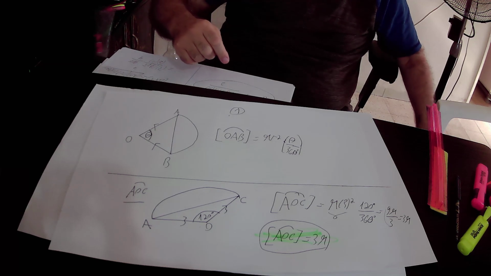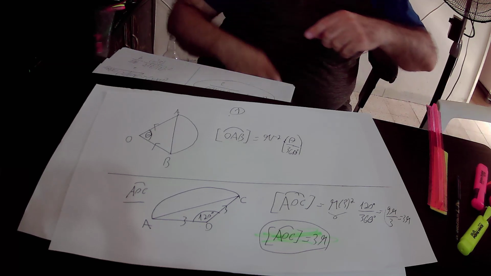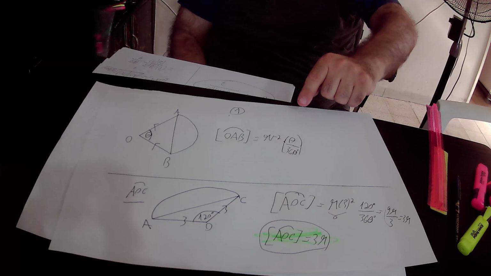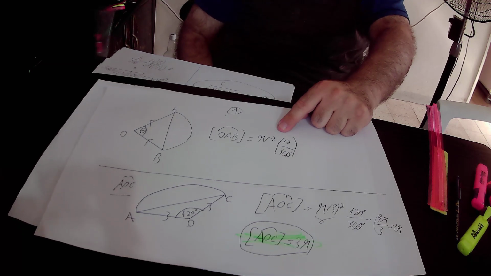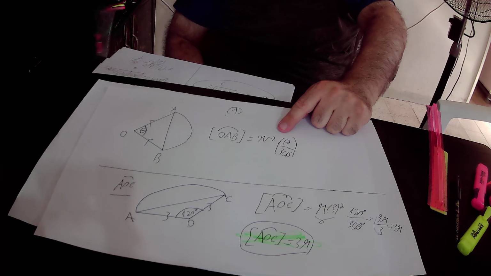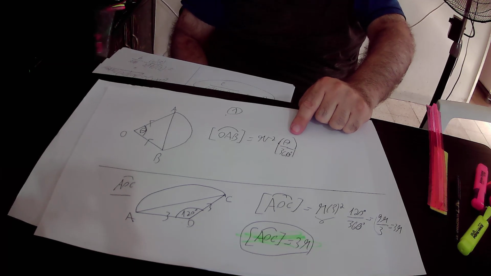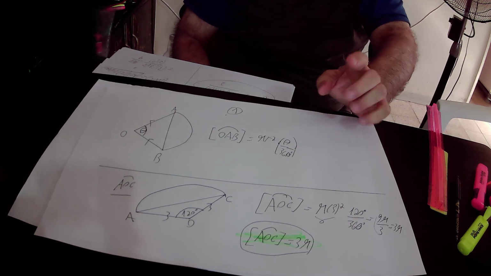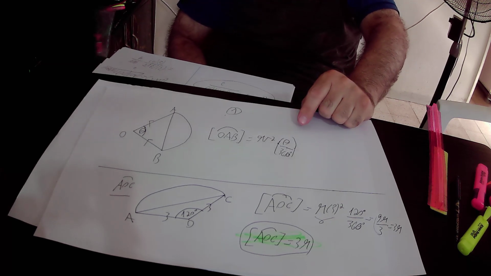So according to the new formula, the area of this sector AOB equals pi r squared, that is the area of the circle that contains the sector, times theta over 360 degrees. I'll explain the meaning of this formula.